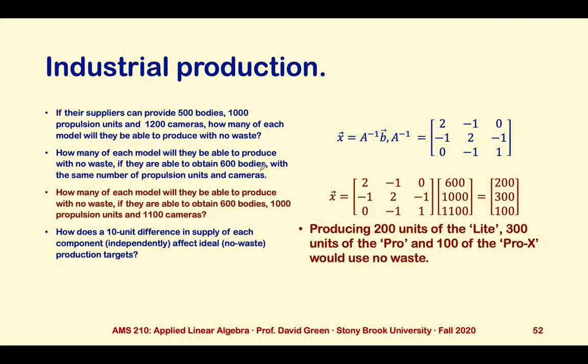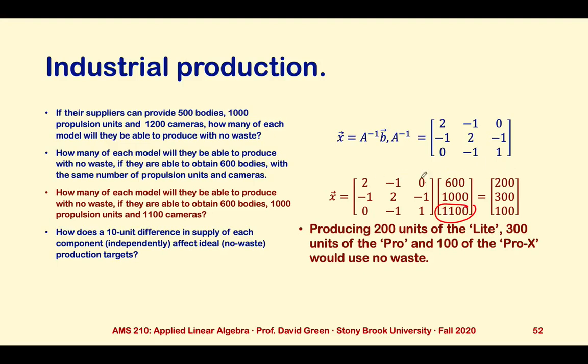Again, we can simply add in a second adjustment, putting 1,100 in this last entry, and recompute the vector. For the first, we have 1,200 minus 1,000 is 200.